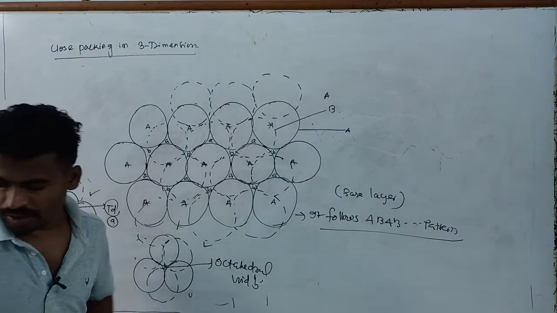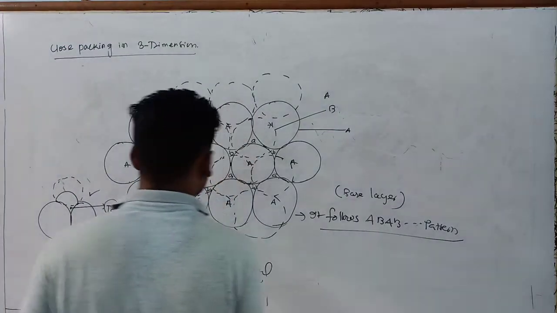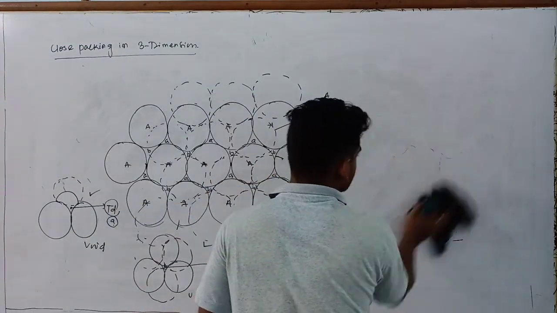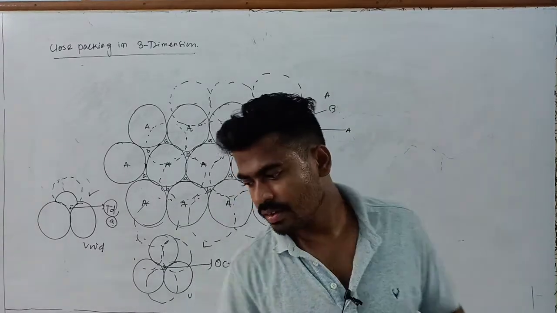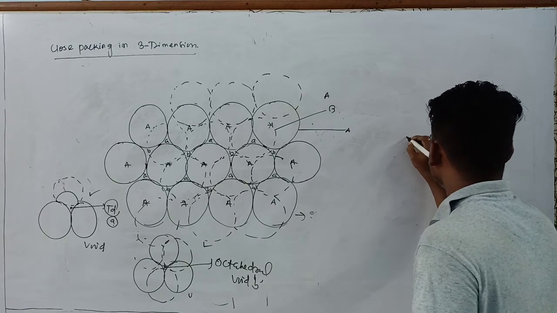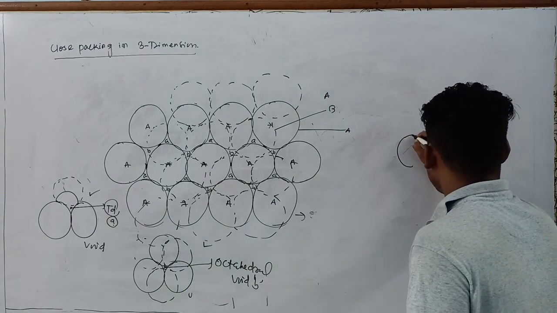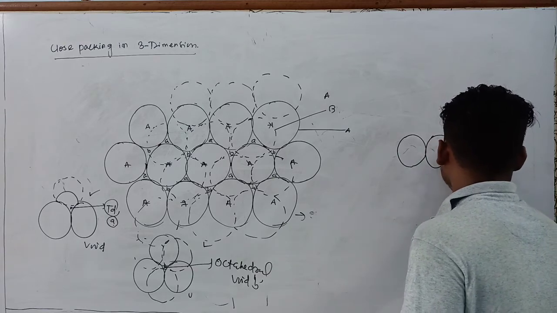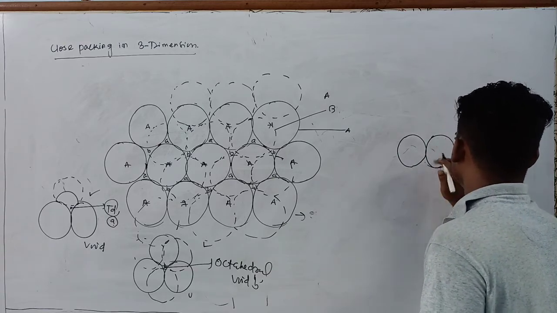So it can be drawn like this. See, that can be drawn like this. If the first layer I am doing over here, 6 spheres, this is the base layer, a hexagon.